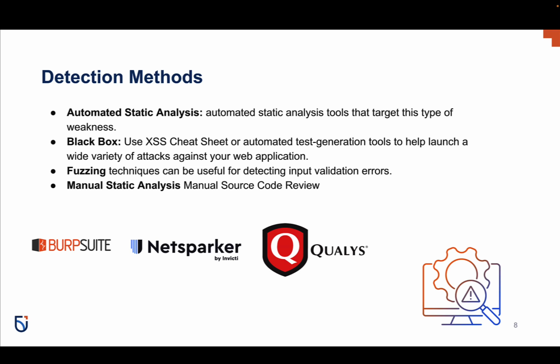Also, using the black box method, take the cross-site scripting cheat sheet that is published and try various different attacks against your web application to make sure it is not vulnerable to cross-site scripting.